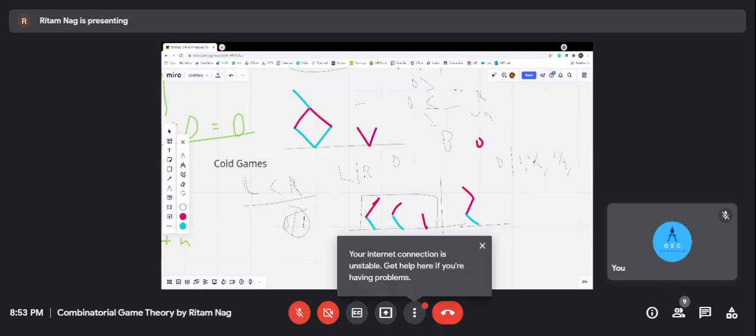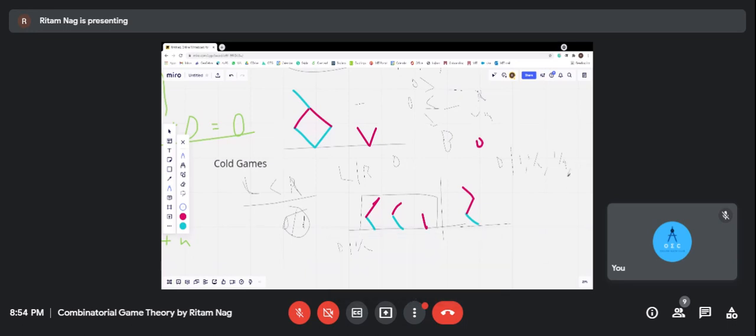You can see that since there's no smallest number on the right, the value of this thing has to be strictly greater than 0, but strictly smaller than 1/2 to the power k for any k. So you can see that this is an infinitesimal number. This is the simplest example of an infinitesimal number.